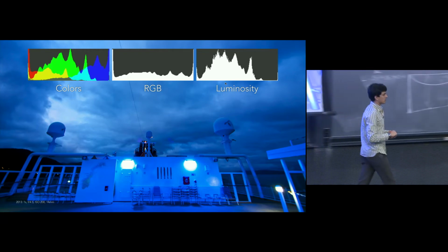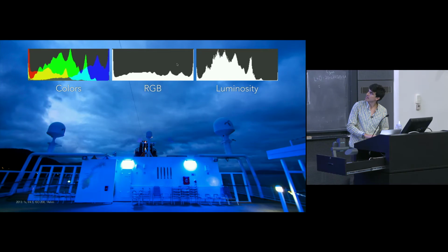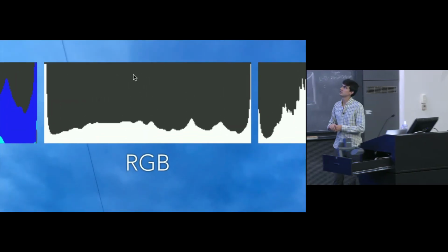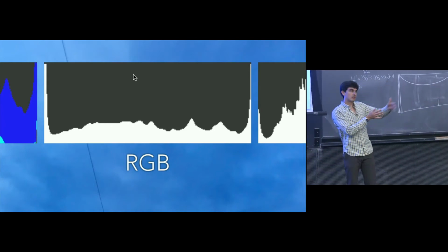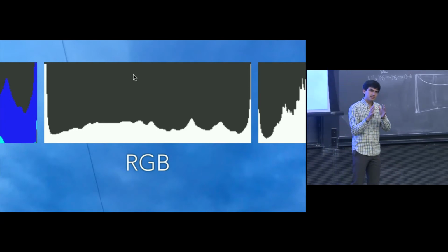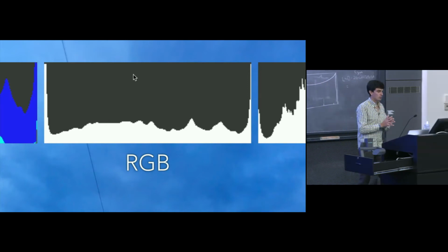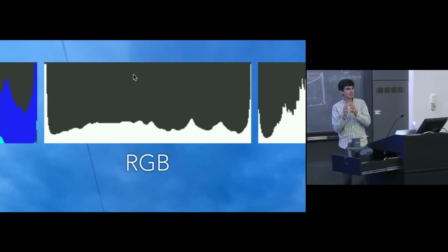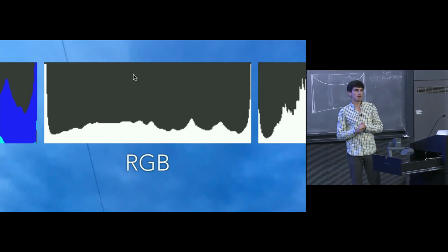But when we look at the RGB histogram, we see something different, which is that we have some areas where there are, in fact, values of either red, green, or blue that are extremely bright at 255 or extremely dark at 0. And what this tells you is not necessarily that you have regions that are overexposed, but you have colors, individual colors, that you could think of as being quote-unquote overexposed.